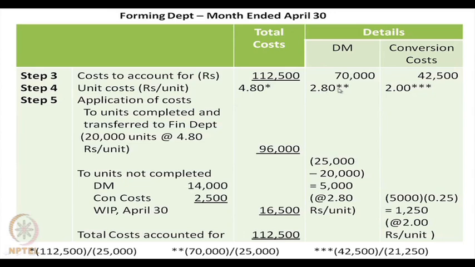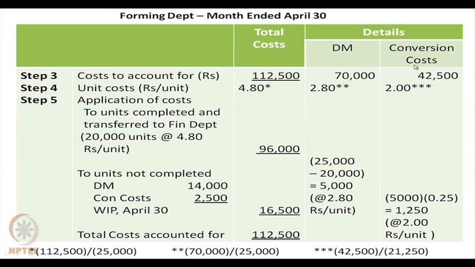We have given two asterisks, these are the footnotes. This divided by 25,000 gives me the unit cost as far as the direct material is concerned. Unit direct material cost is rupees 2.80 per unit.